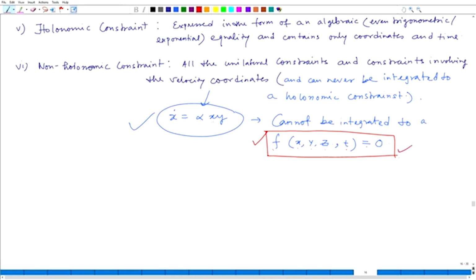That means there will be an equality. For example, if you have x square plus y square plus z square is equal to L square, then of course this function will be x square plus y square plus z square minus L square is equal to f of x, y, z, and that will be 0.